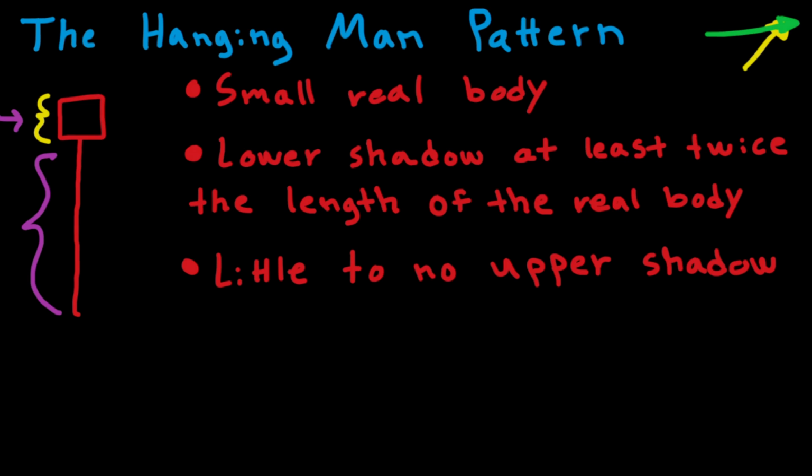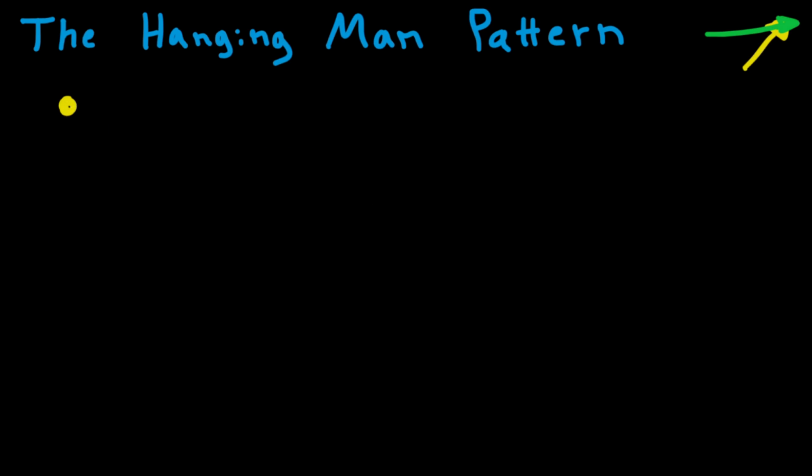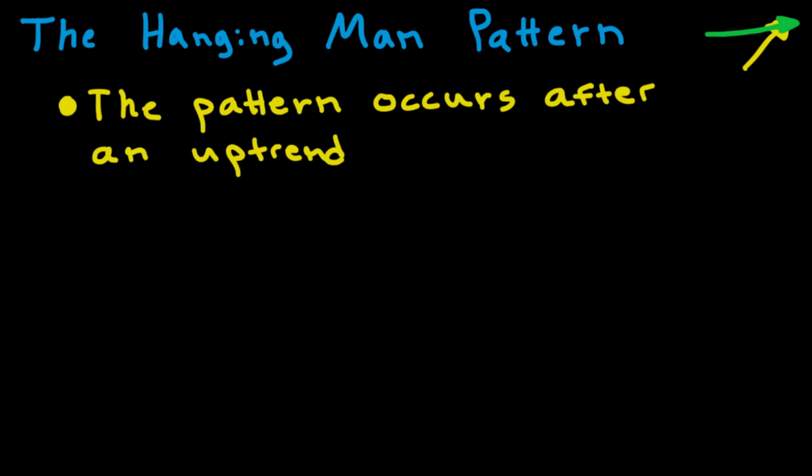Now let's take a look at why it is important and when it actually matters that we see a hanging man pattern on the chart. A very important thing here is that the pattern only occurs after an uptrend. So if we have an uptrend here, we have some strong green candles, and then we have a beautiful hanging man here. In this case, we actually consider it a valid hanging man.